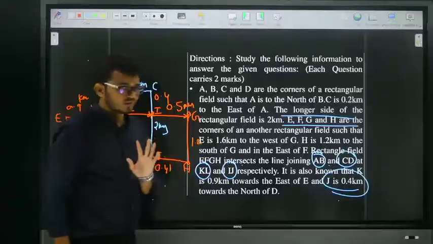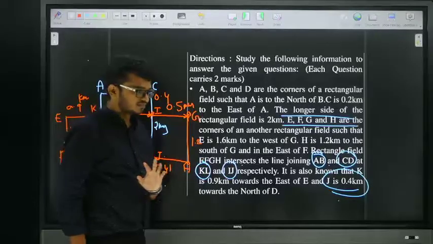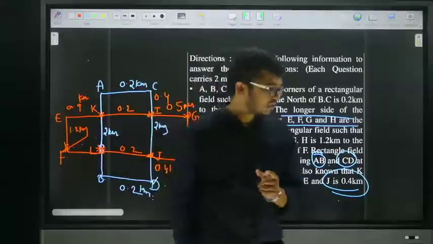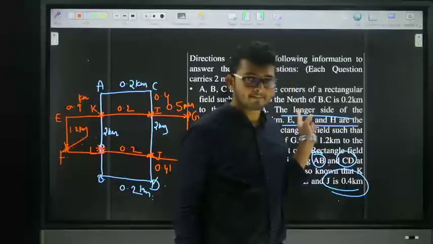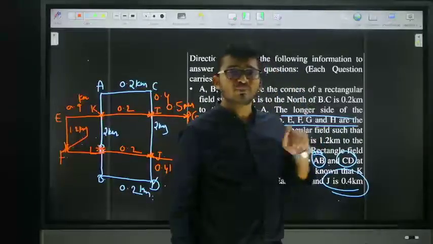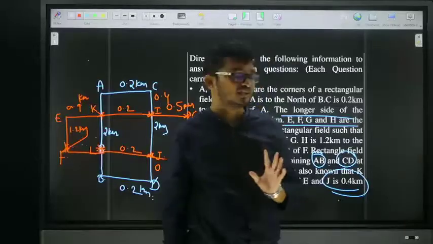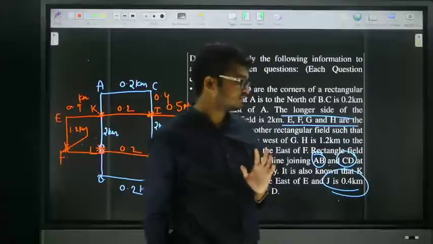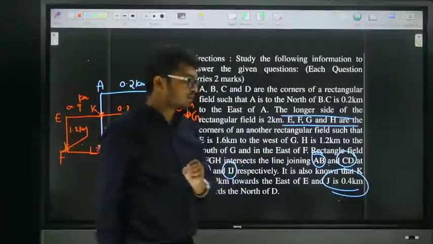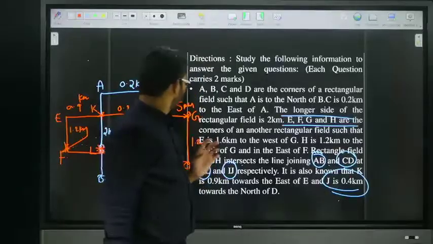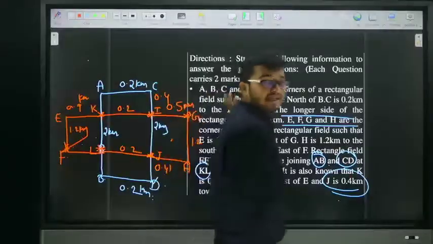Friends, still now is there any doubt? Yes or no? If you don't have any doubt, then I will give questions. Friends, please give your comment. Then I will give questions for your choice, and you people only should answer. In the making of the diagram, is there any doubt?